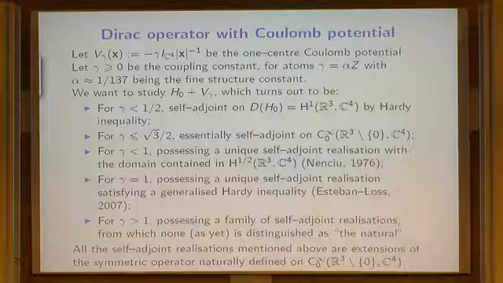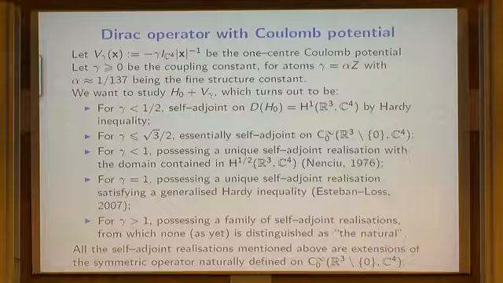Still, it holds for all these cases, and they argued that if it holds for all gammas less than 1, let's require that it holds also for gamma equal to 1. Under this condition, for gamma equal to 1 you already have infinitely many deficiency indices, but still there is only a single self-adjoint realization which satisfies this generalized Hardy inequality.